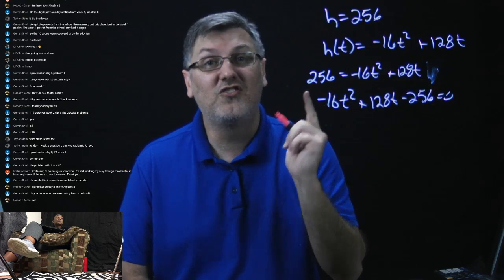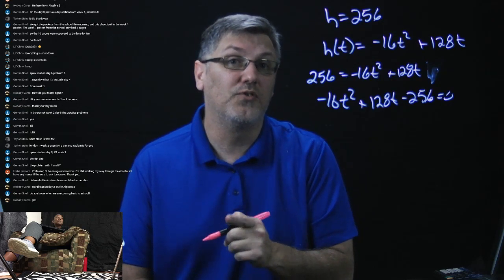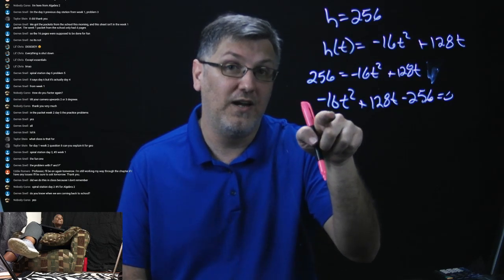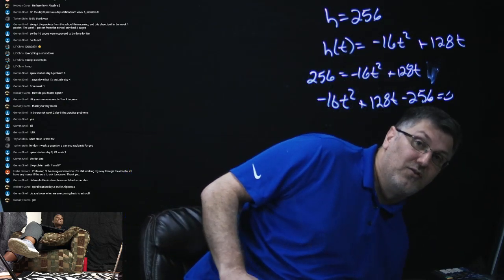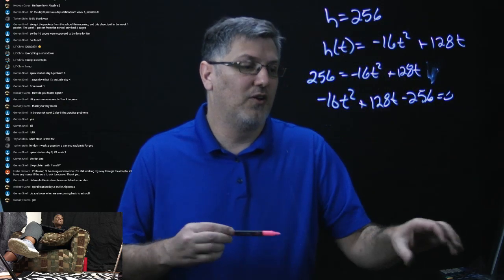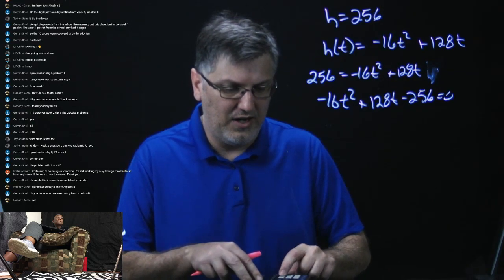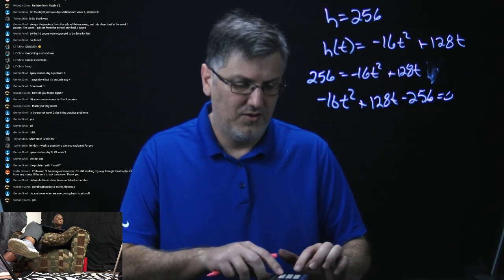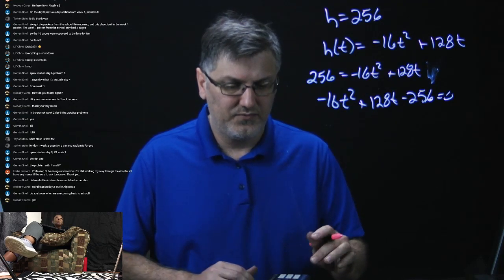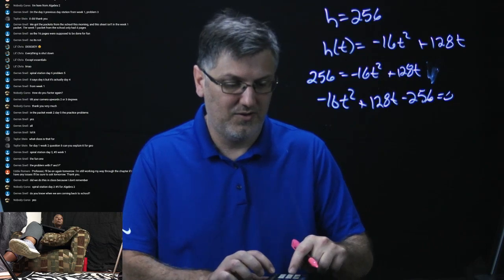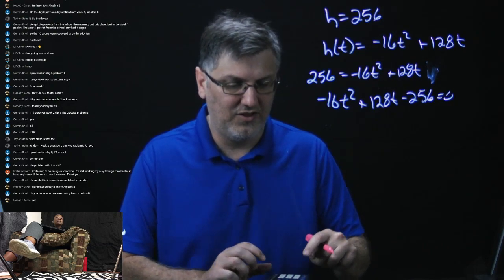Now, I guarantee you on these problems in high school, this number right here is going to factor out. I'm going to take a negative 16 out. 128 divided by negative 16.